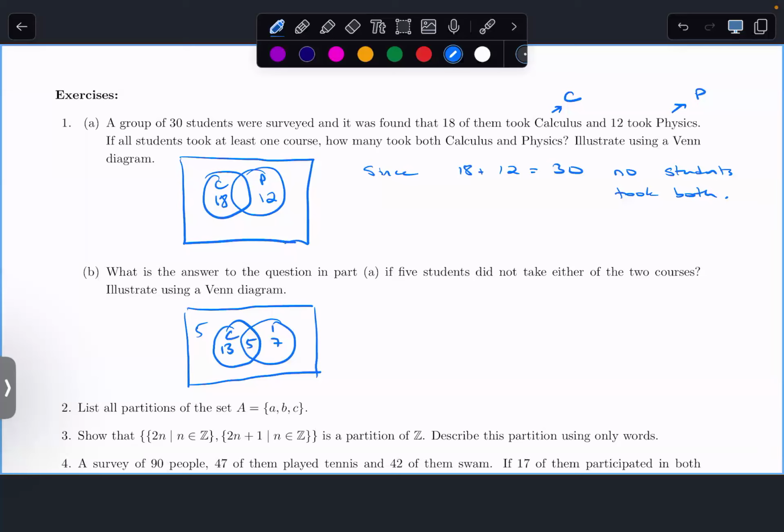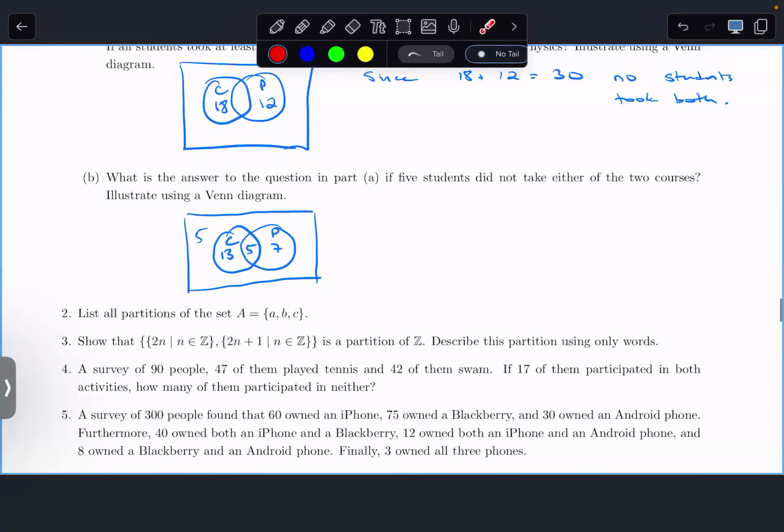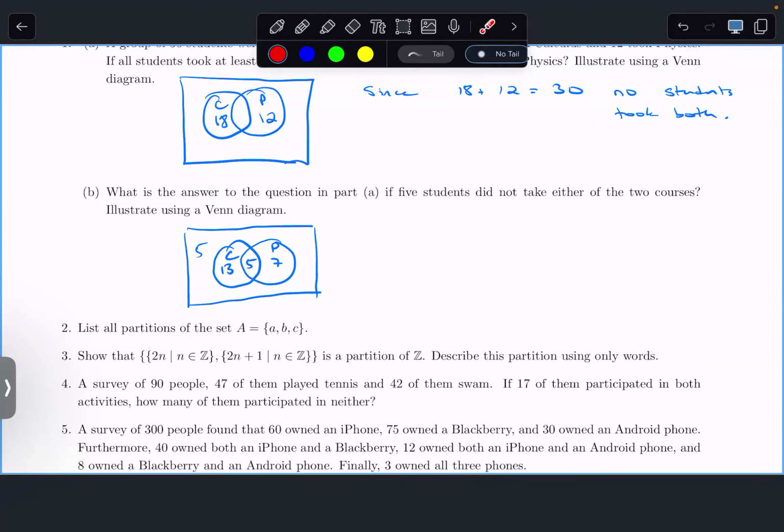Still, C and P, calculus and physics, still a total of 18 in the C circle and still a total of 12 in the P circle, but now there has to be some overlap because we had to make room for these 5. These 5 are not taking either one of them because they're outside the circles.